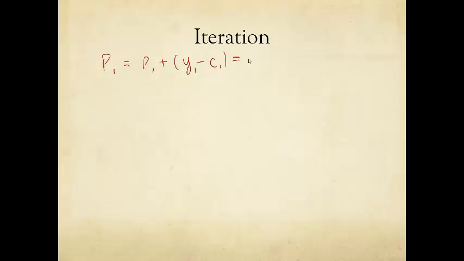Last time it was 1, and now what we have is Y1, which is 1 over 3 plus 1 over 2, minus C1, which is 1. This is already a positive number, so that's okay. In 3 decimal places, the accuracy is 0.833.